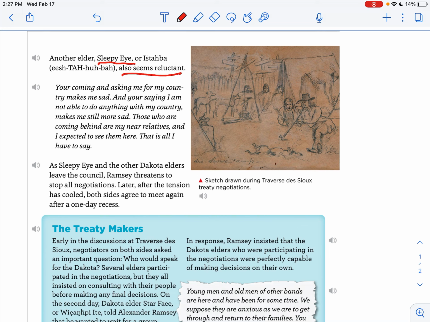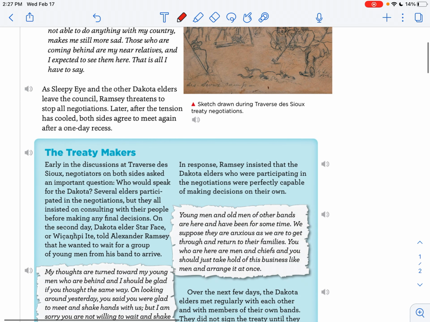Those who are coming behind are my near relatives, and I expected to see them here. That is all I have to say. As Sleepy Eye and the other Dakota elders leave the council, Ramsey threatens to stop all negotiations. Later, after the tension is cooled, both sides agree to meet again after a one-day recess.